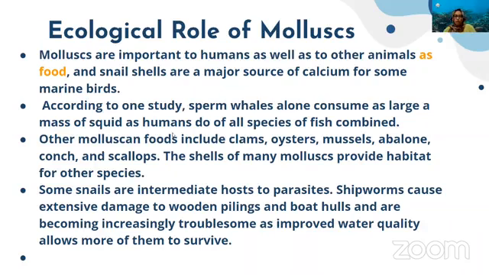Other molluscan foods include clams, oysters, mussels, abalone, conch, and scallops. The shells of many mollusks provide habitat for other species. Some small organisms can be attached to their shells as well. Some snails are intermediate hosts to parasites. So some shells, like these snails, act as hosts for other parasites.